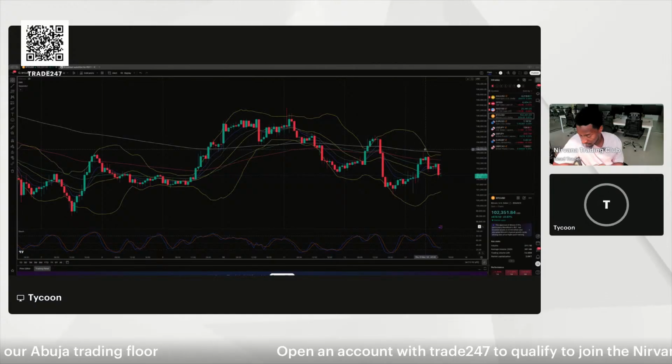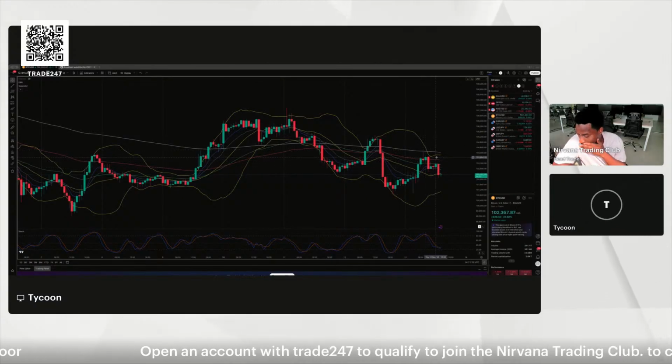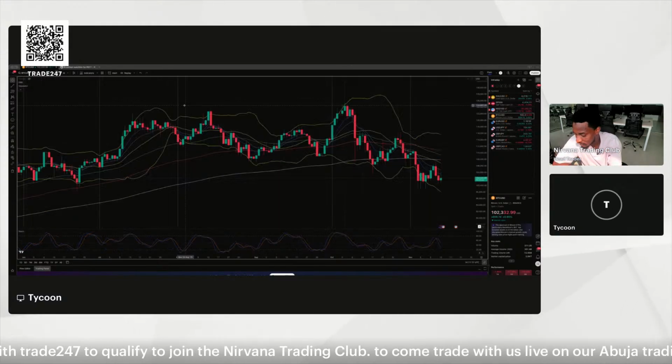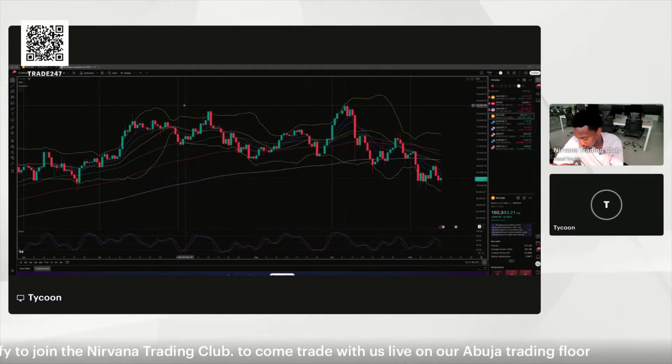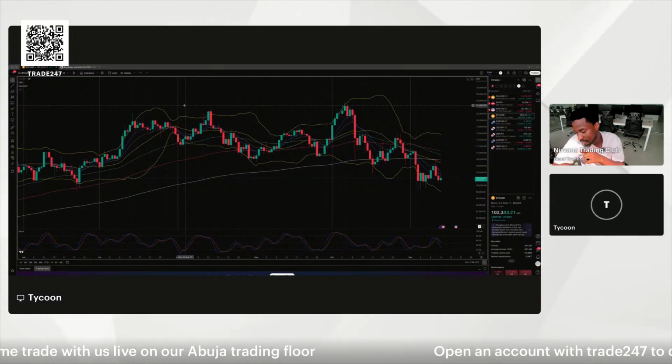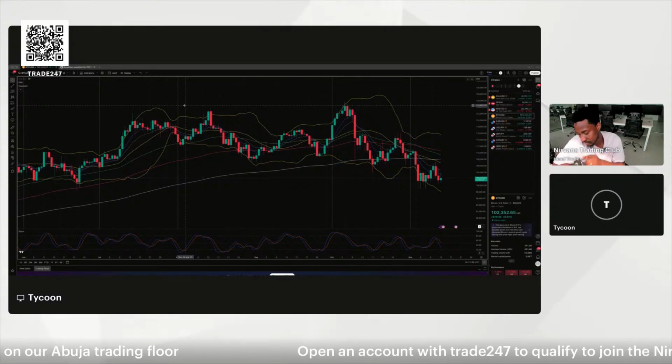This gave me the confidence to look out for a sell. Yesterday I gave a setup, and we are anticipating a price retracement to this level, to 1.7031.